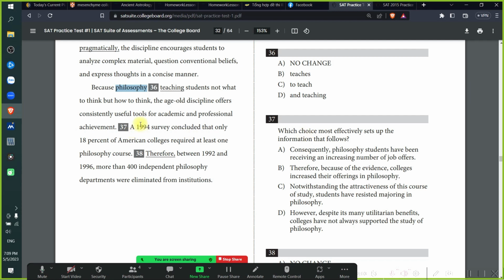Thirty-seven. D. Okay, let's do this one.